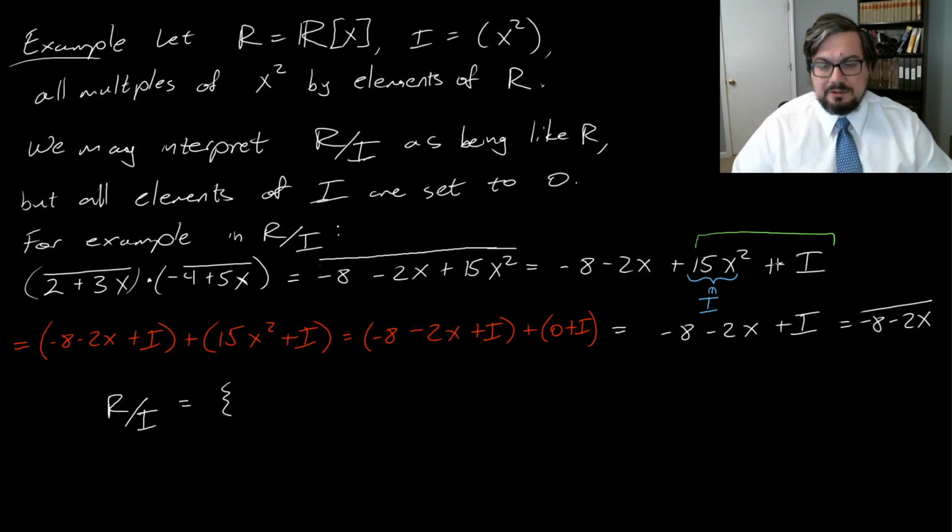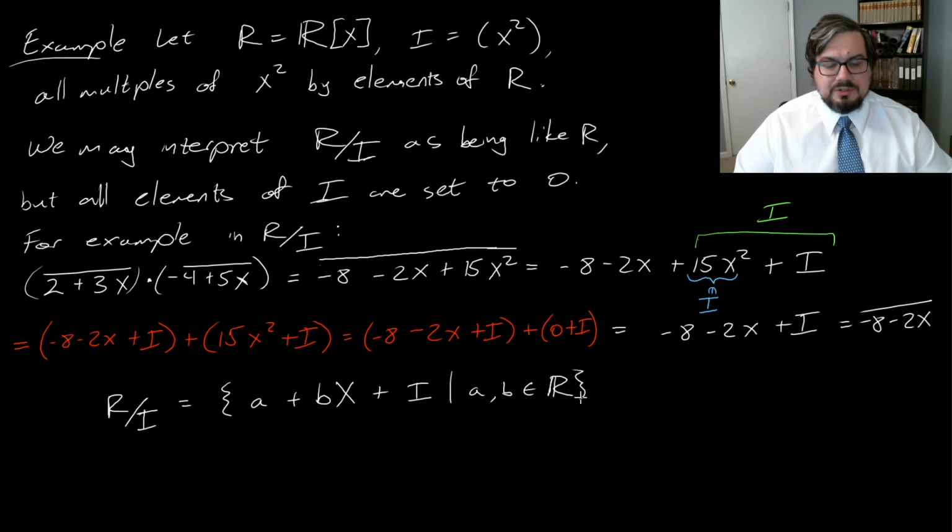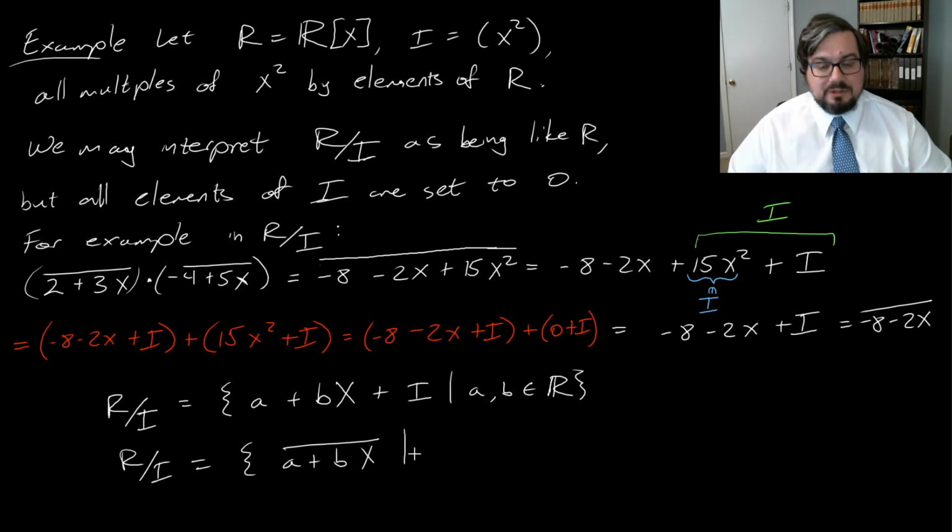And so we can describe the elements of R mod I as being a plus bx plus I, where a and b belong to the real numbers. So every element of R mod I can be written using a representative which is just a linear, at most, polynomial, a polynomial of degree at most 1.